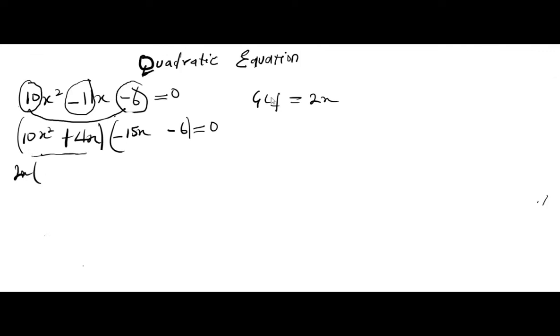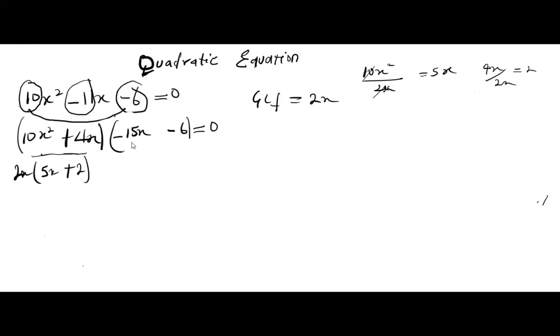Then you have your 10x squared divided by 2x. 10 divided by 2 equals 5. x squared divided by x equals x. So you have 5x. Then you come back to this. You have 4x divided by 2x, which equals 2.